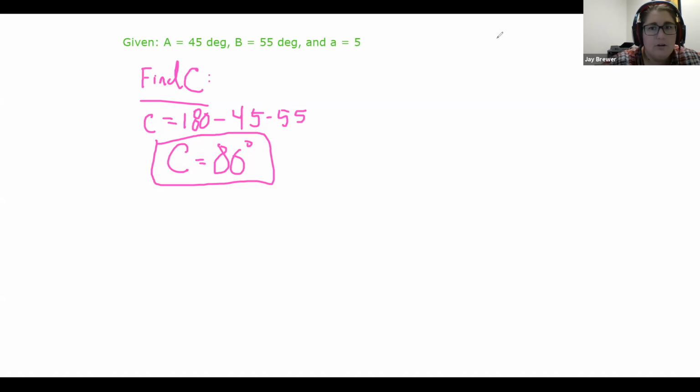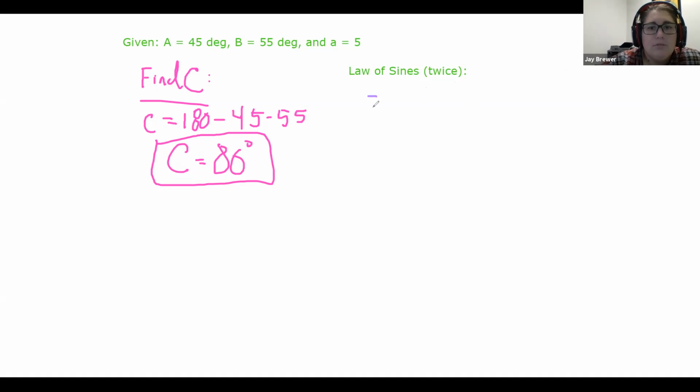All right, so the next thing we're going to look at is we're going to actually use the law of sines twice. We're going to use it to find little b, and we're also going to use it to find little c.